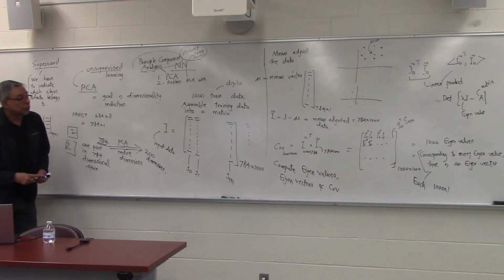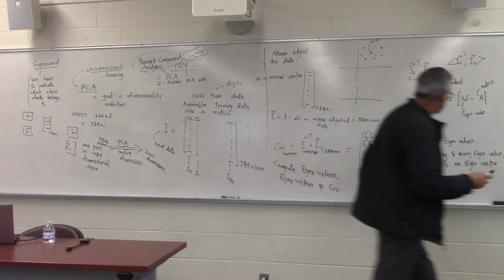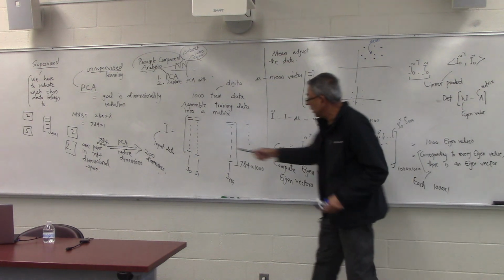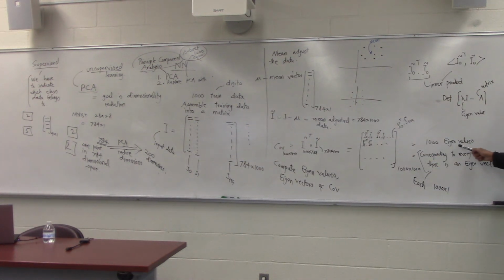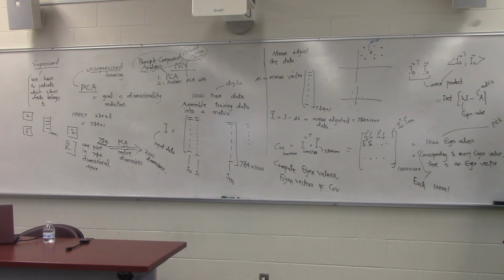These eigenvalues and eigenvectors now, as you will see, will help us achieve that, right? Because our goal is to reduce it to 200 dimensions. How many eigenvalues did we get? 1,000. If the goal is to reduce it to 200, that means what we need to do is pick 200 of these and ignore the others.